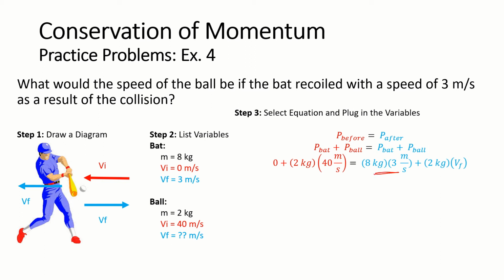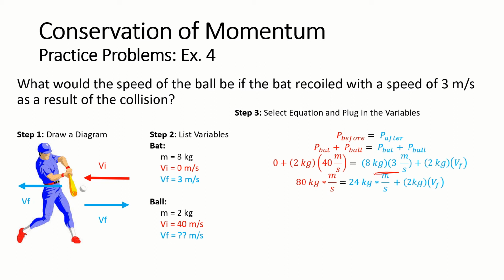Now be very, very careful with our 8th grade algebra here. That 8 multiplied by 3 is going to give you 24. Please, with the love of all that is holy, do not combine 24 and 2. 2 is a multiple of that final velocity of the ball. We don't know what that is.